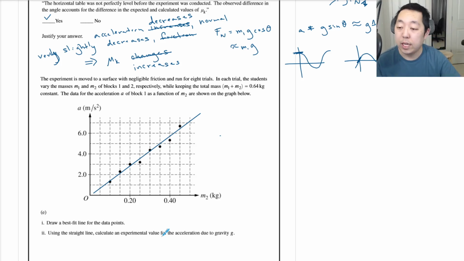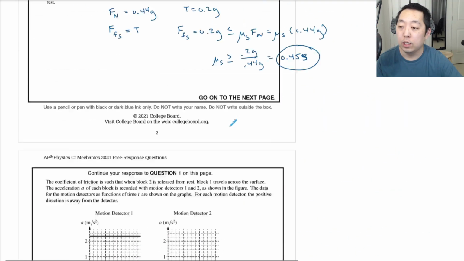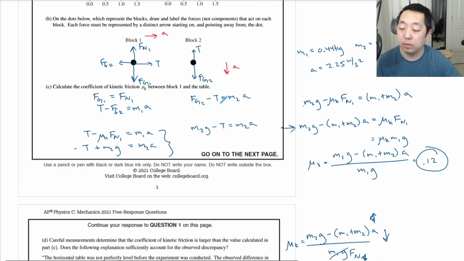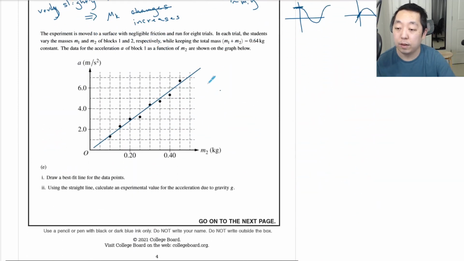So now I don't have friction to worry about, that weird dynamic. If you look at the two blocks as a system, I just have m2g pulling down, and no friction, and the total mass is m1 plus m2. So net force equals m2g, and that's equal to m1 plus m2 times a.